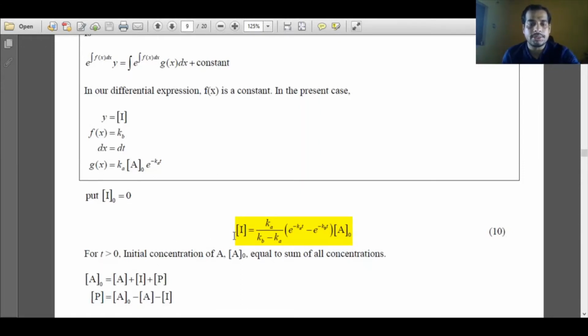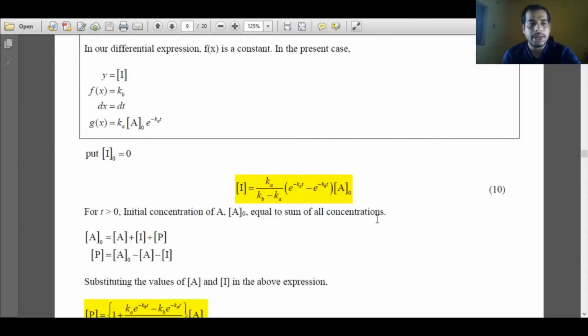So we'll get an expression for I, and that is Ka over Kb minus Ka times e to the power minus Ka t minus e to the power minus Kb t, times A0. That is equation 10. So we are getting an expression for intermediate concentration at any time t.